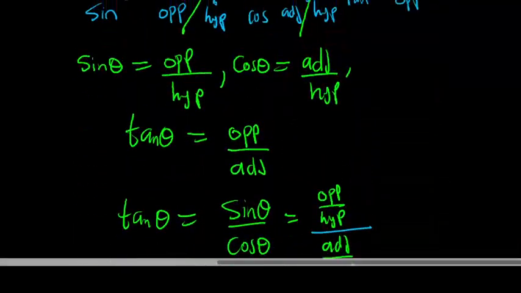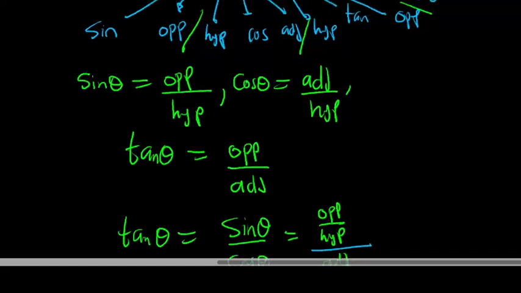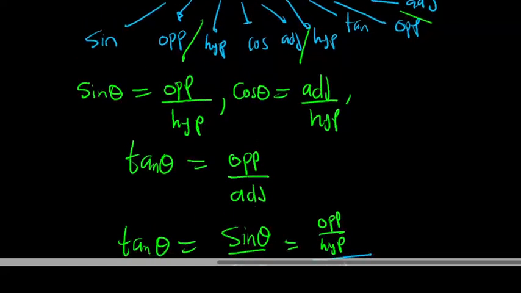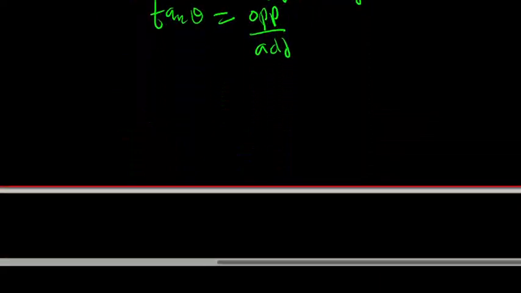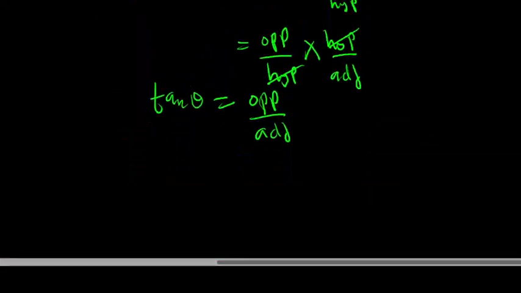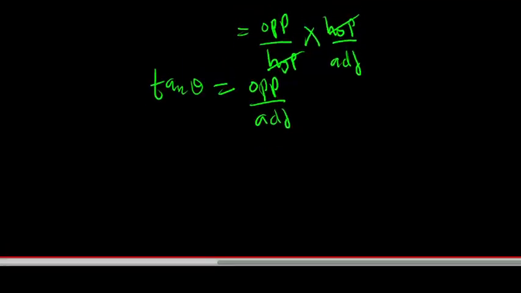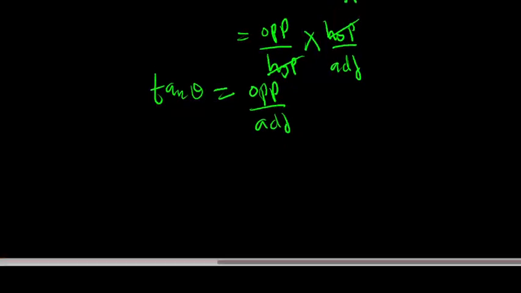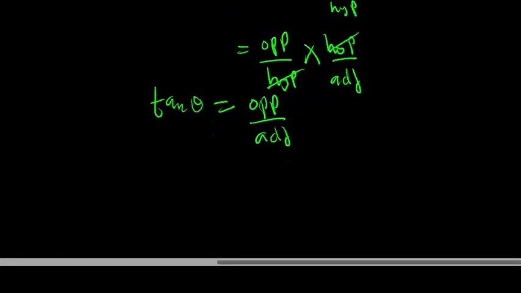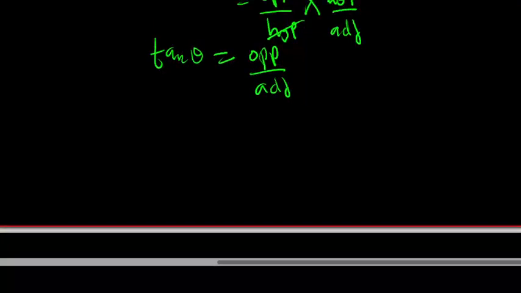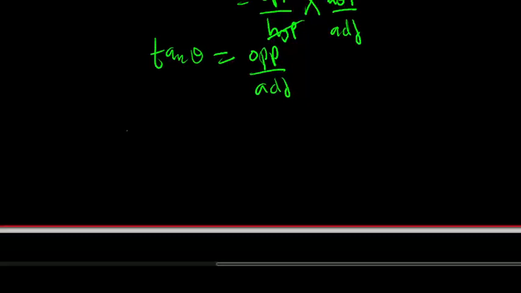Now, is this all the trigonometric ratios that we have? No. We also have other trigonometric ratios as well. And the beautiful thing is that they are all coming from the basic trigonometric ratios that we know. So the next trigonometric ratio we'll be discussing now is from sine theta.